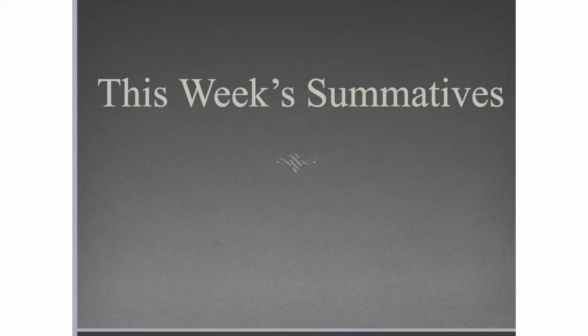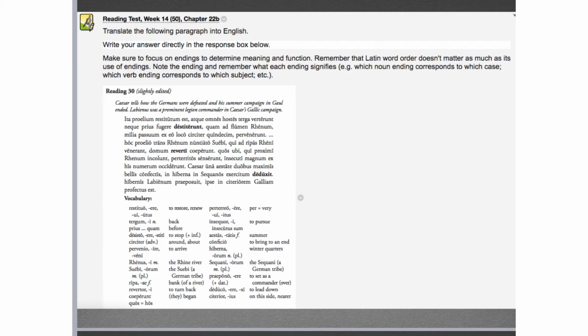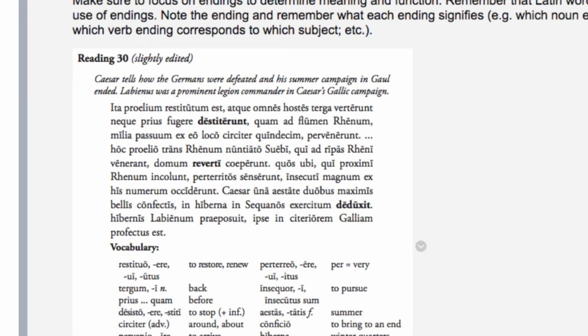All right, let's take a look at these infinitives. Here is a paragraph for you to translate. Ita proelium restitutum est, atque omnes hostes terga verterunt, neque prius fugere destiterunt, quam ad flumen Rhenum milia passuum ex eo loco circiter quindecim pervenerunt.